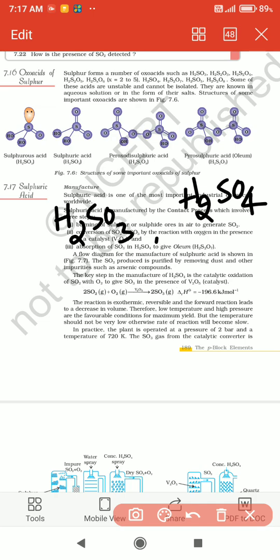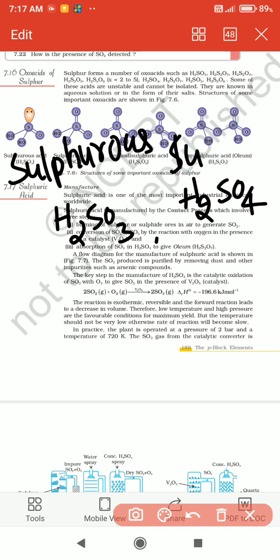H2SO3 is sulfurous acid, and H2SO4 is sulfuric acid. Let us see the structural arrangement.